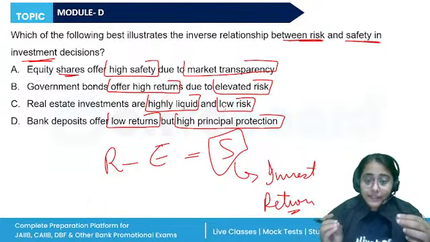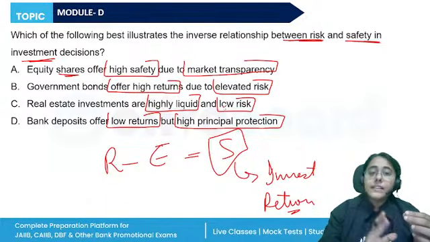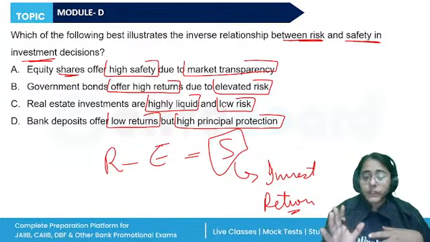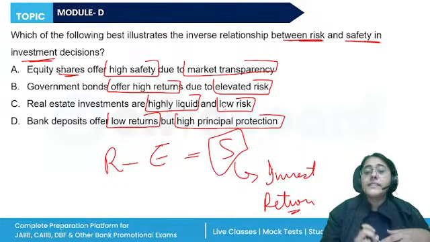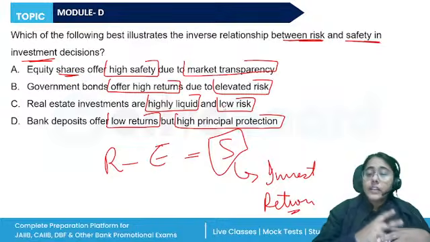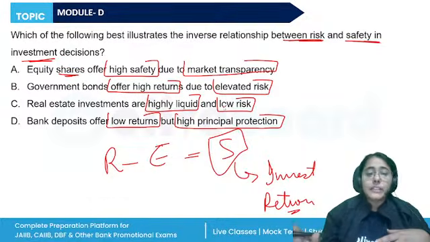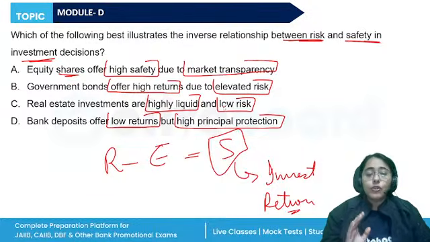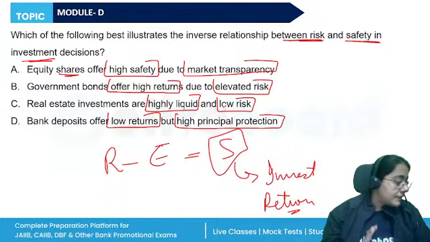Risk means variability in return, because of loss of capital or non-payment of income. Safety means that the investors will get their original principal on maturity. There should be no loss in the value, there should be no hindrance in the original principal.